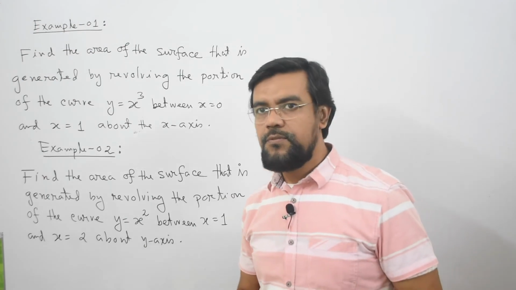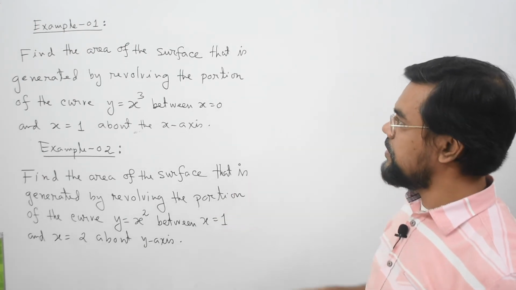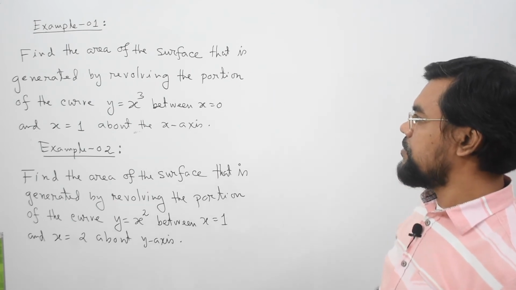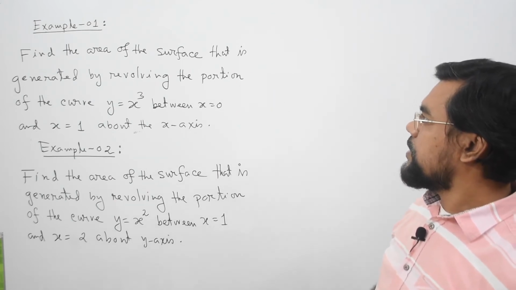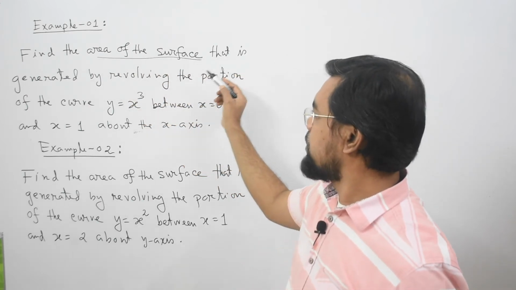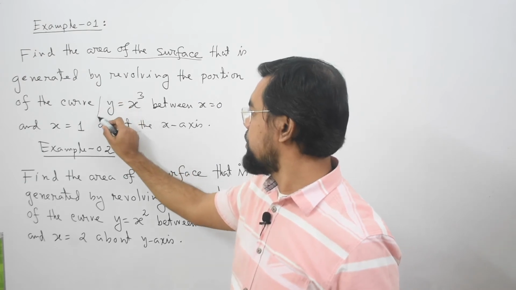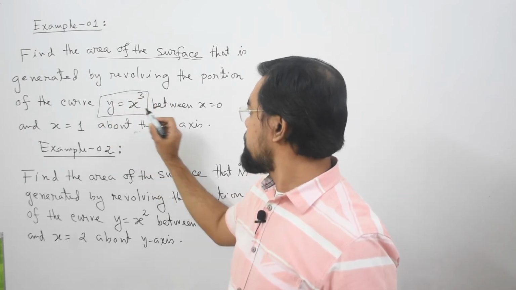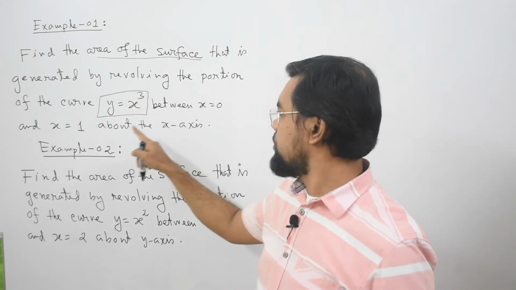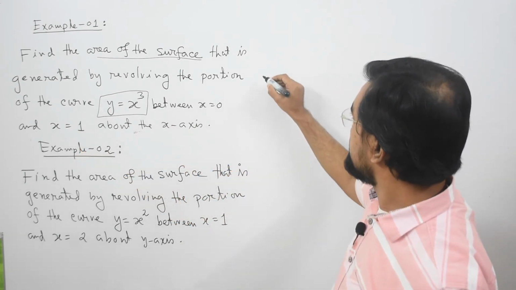So now let us try to understand our two formulas more clearly by using these examples, and let us try to calculate the area of the surface that is generated by revolving the portion of this curve. Which portion? Between x equals 0 and x equal to 1 about the x-axis.